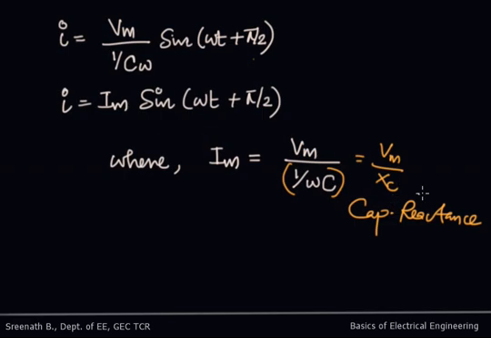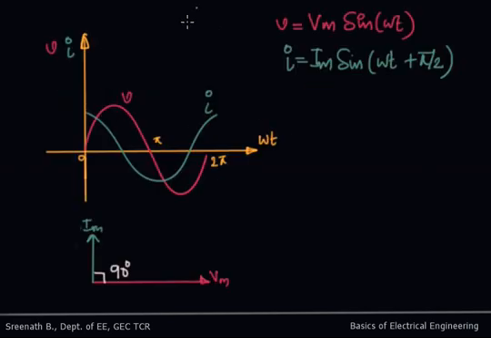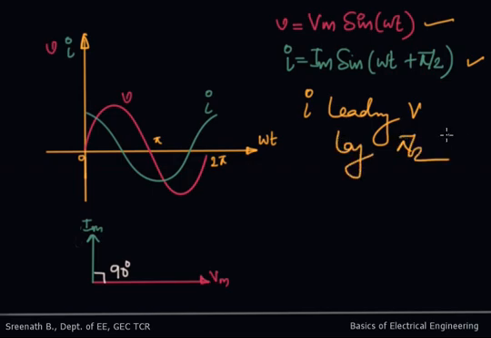So Vm by Xc, which is your capacitive reactance. So here you will be getting the equation for current as Im sin omega t plus pi by 2. So your v is Vm sin omega t and i is Im sin omega t plus pi by 2. So you can say that your current is leading voltage by pi by 2.